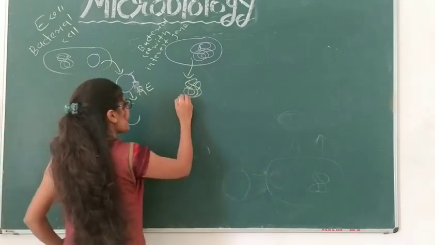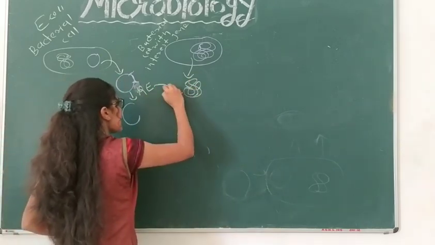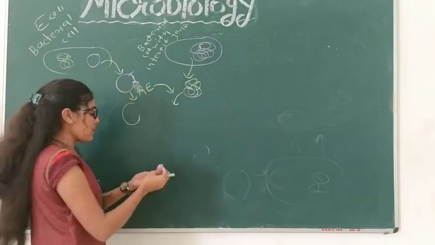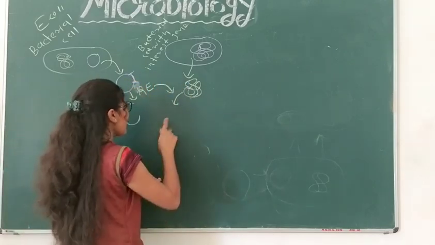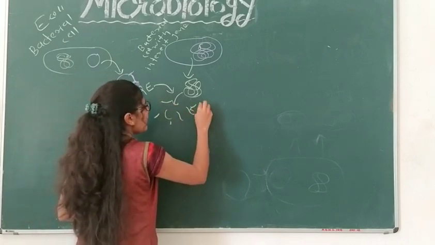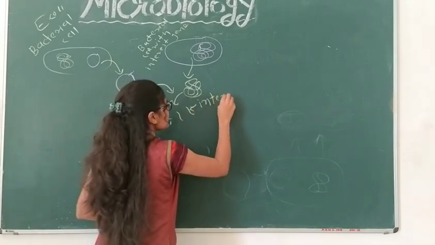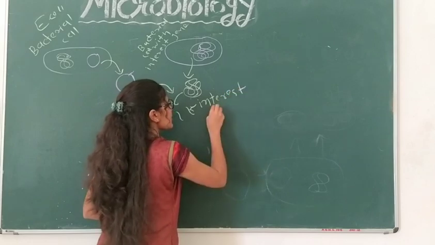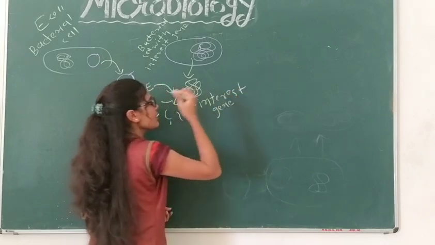After isolation we will use the same restriction enzyme, and it will be cut into different fragments that are our interest gene and our desired gene.